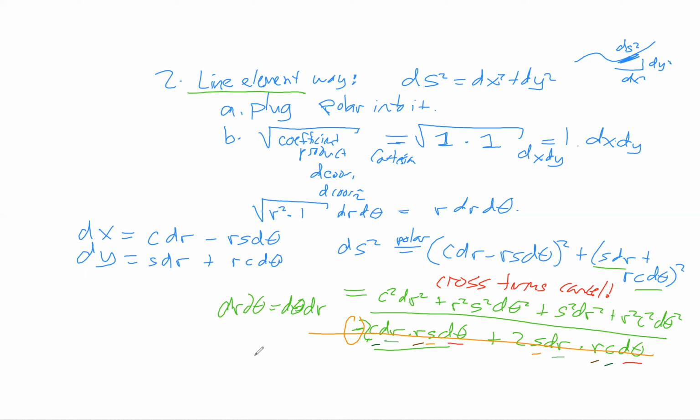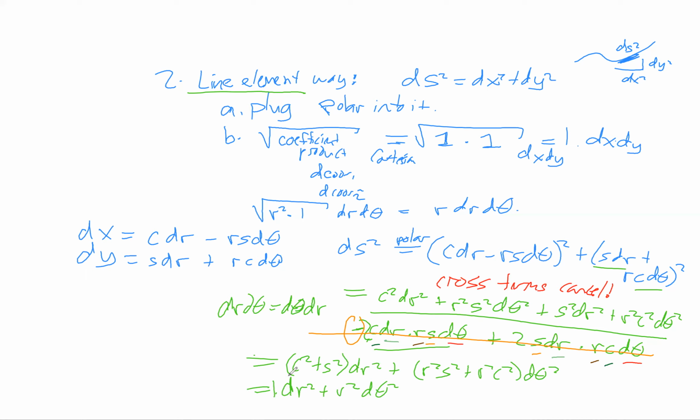So we end up getting, if we collect each coefficient, c squared plus s squared, all in front of a dr squared, plus an r squared s squared plus an r squared c squared in front of a d theta squared. So that gives us finally dr squared plus r squared d theta squared. In particular, there's a 1 here.